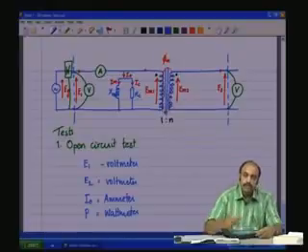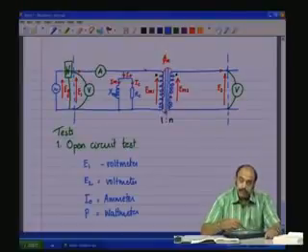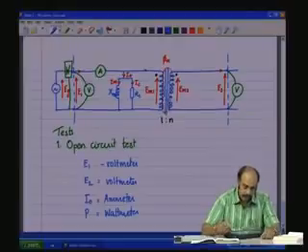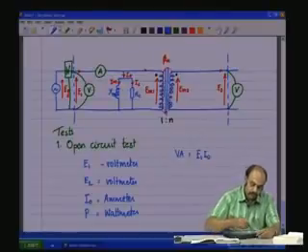So, you need 2 voltmeters, 1 ammeter and 1 wattmeter to do the experiment, which is the open circuit test. So, once you have this, the VA is given by E1 into I naught.